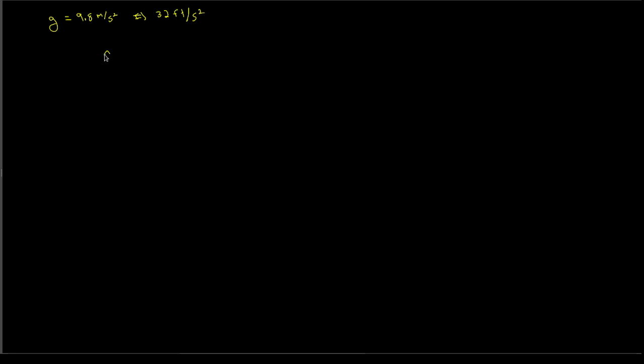So we're going to talk about the position of an object given that we have launched it vertically from a given height. We're going to talk in a coordinate system.